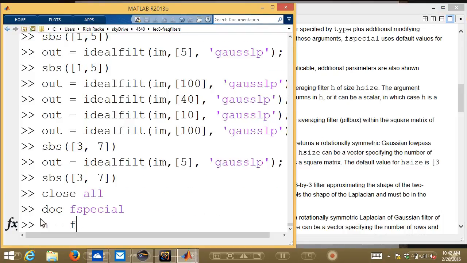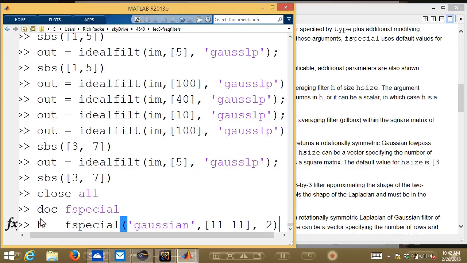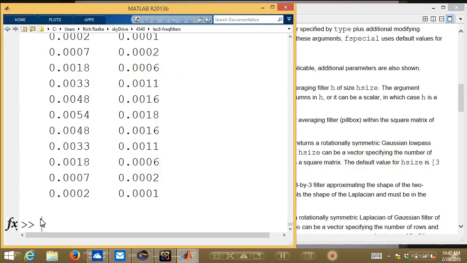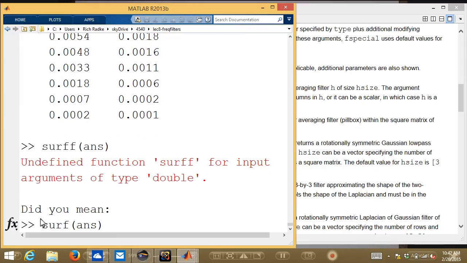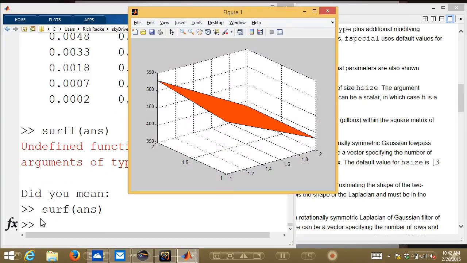So, for example, if I want a spatial domain filter that is Gaussian and I want it to be an 11 by 11 mask with a radius of 2 pixels, I guess it's not very instructive, so if I do surf of this thing, yes, I did mean that.